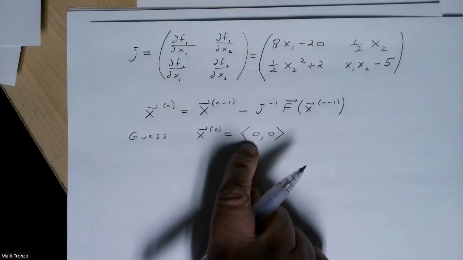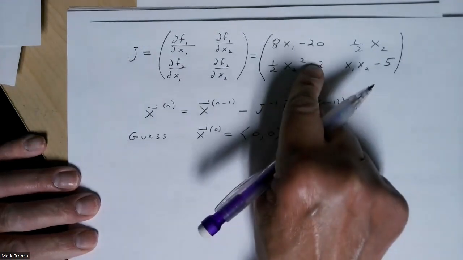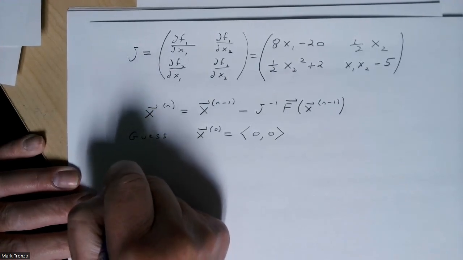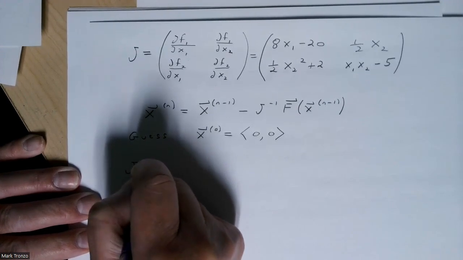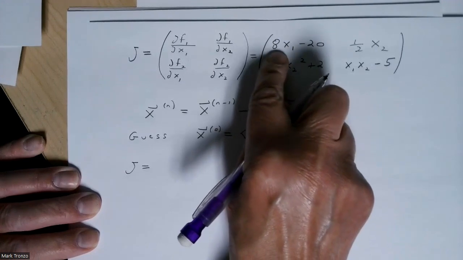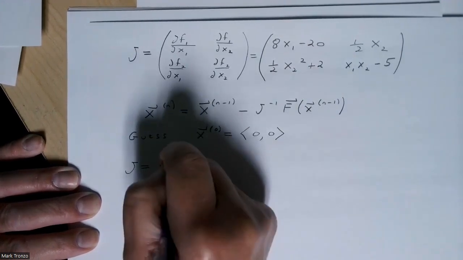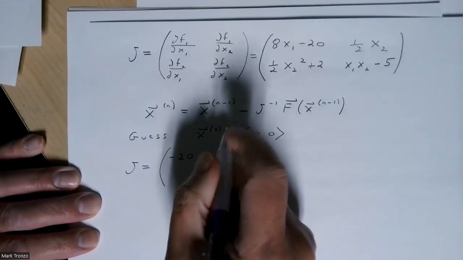And so now we're going to put these into our Jacobian. And so when we put 0 and 0 here, this is going to be -20 and 0.